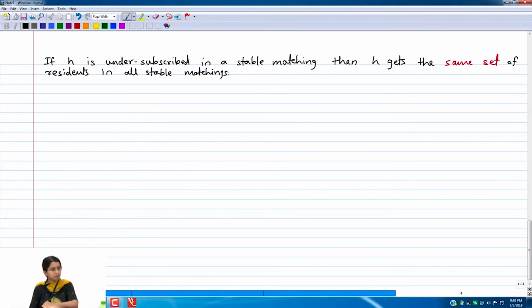Okay. So if H is undersubscribed, it cannot happen that it gets one resident in one stable matching but not in the other stable matching. So this is what is called the famous rural hospitals theorem.